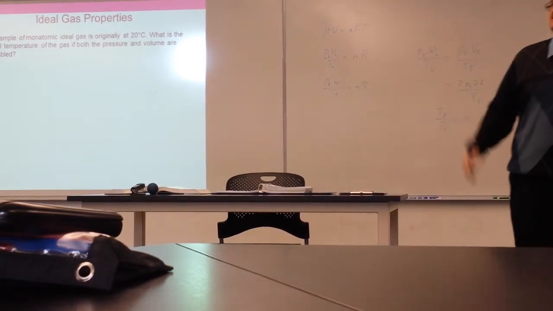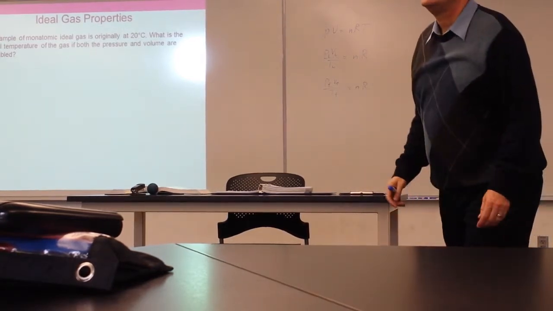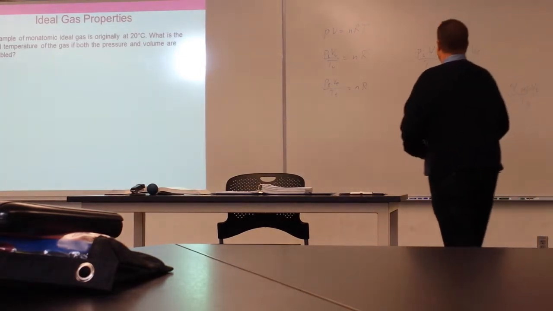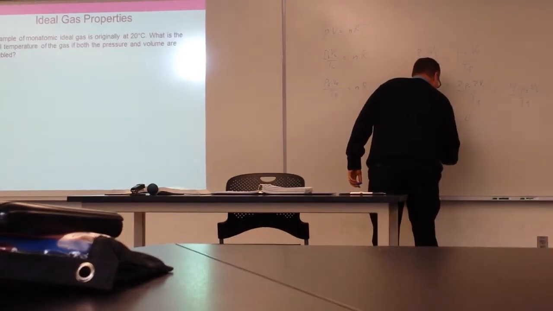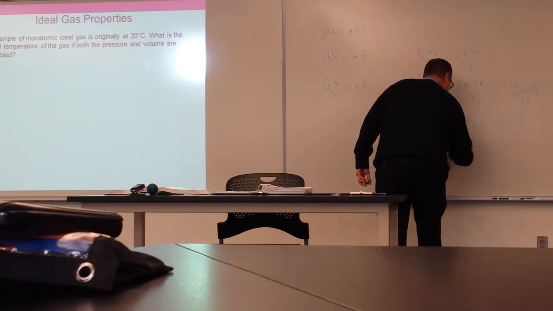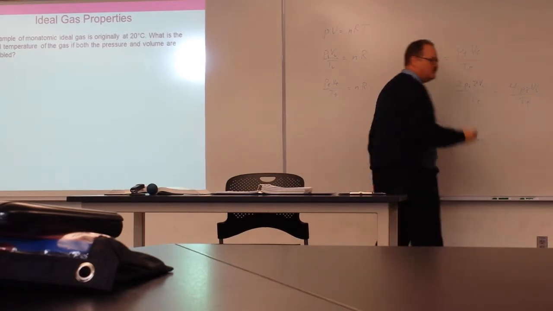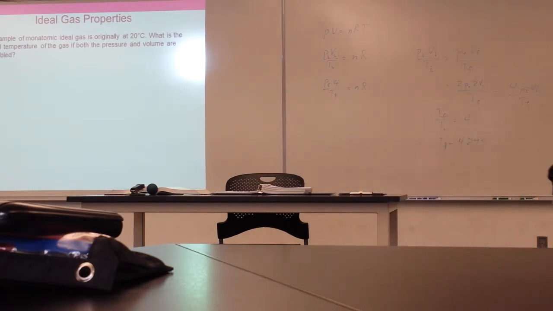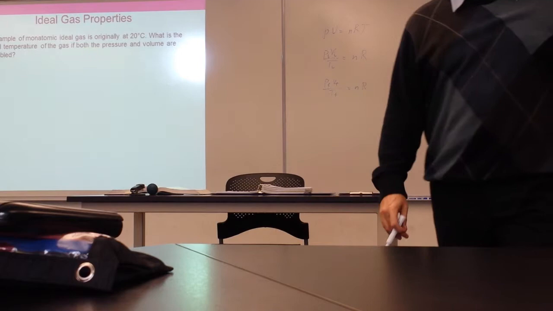So what's 20 degrees Celsius in Kelvin? 293. So T final is equal to 4 times 293, more or less, which you'll discover is quite different than 80 degrees Celsius.